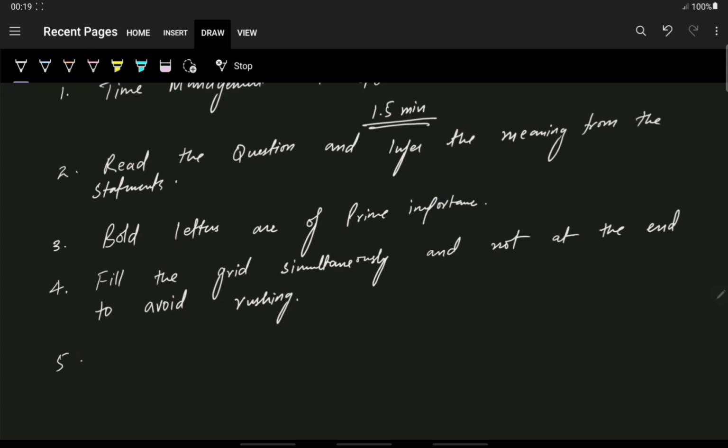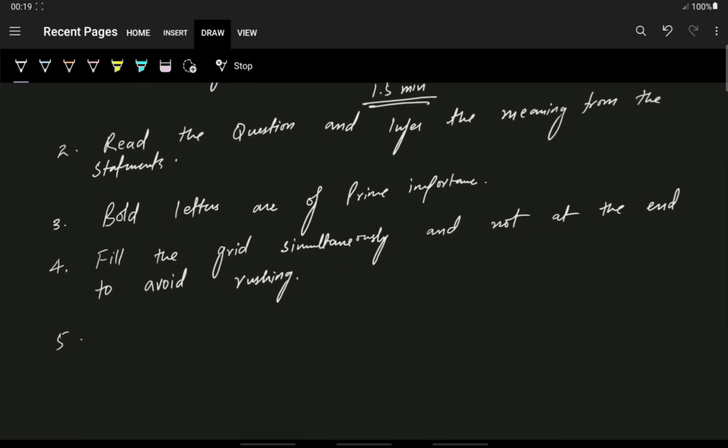Furthermore, omit the options and make intelligent guesses, right? Do not leave any MCQs because there is no negative marking. So omit the options and make intelligent guesses, and that will really help you a long way.